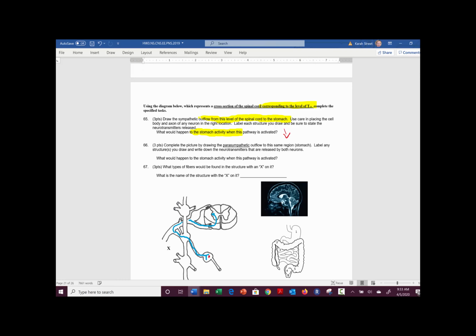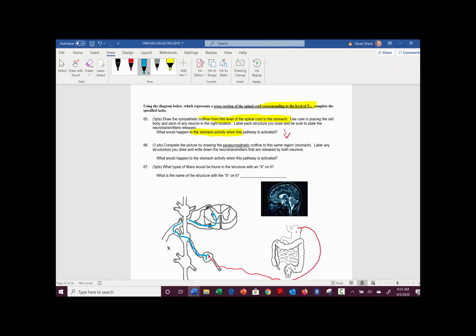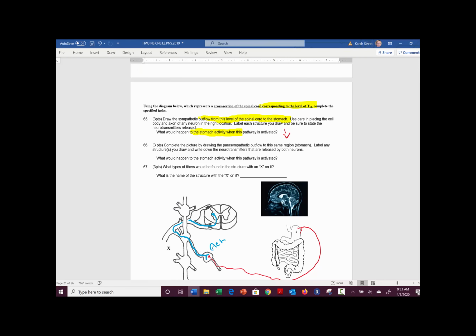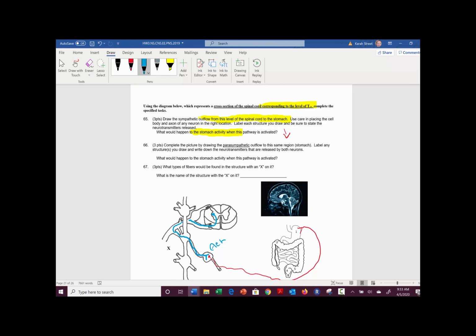And the postganglionic fiber will now target the stomach, which is up here. And we're going to reduce gut motility. Now, the neurotransmitters, just so we remember, released from the first one would be ACH, but released from the second one would be epinephrine.